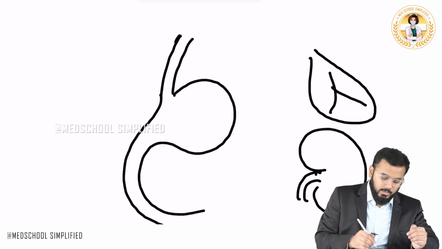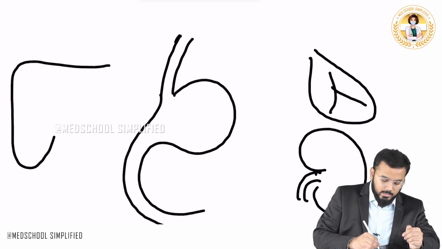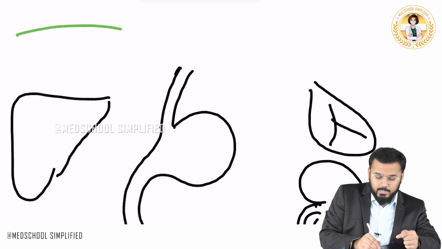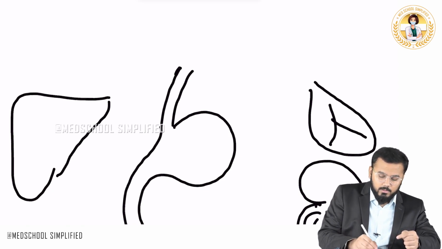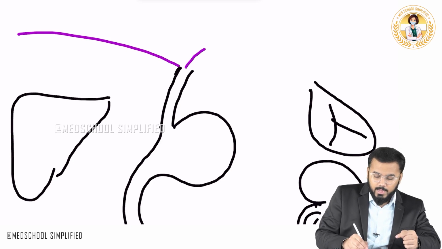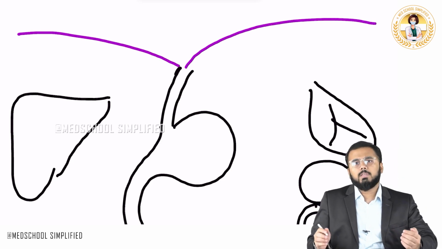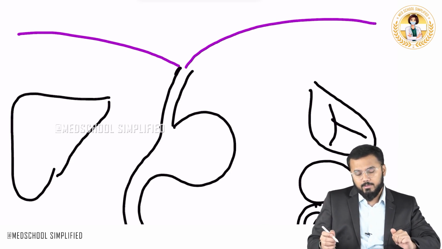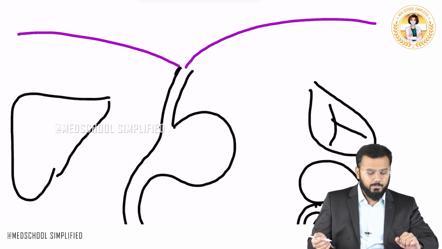Here you have got your liver. And not to forget, this part over here is your diaphragm. Right side dome shaped is called as right hemidiaphragm, left side dome shaped is called as left hemidiaphragm.